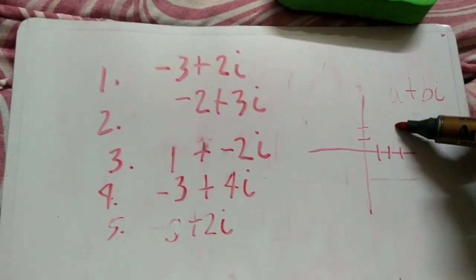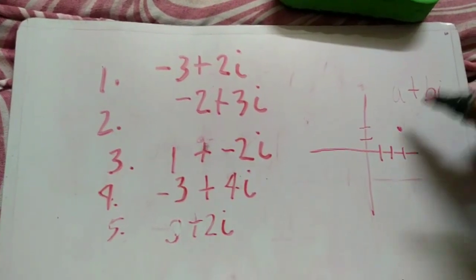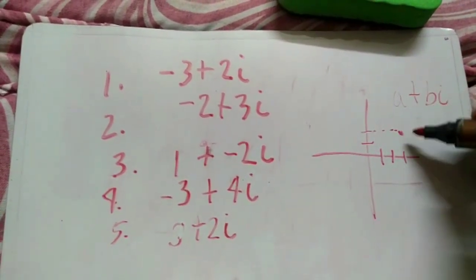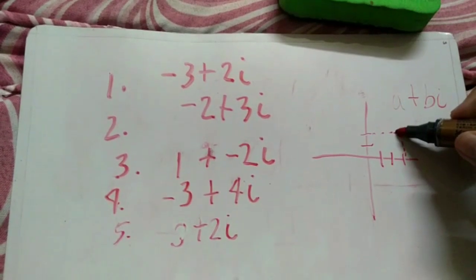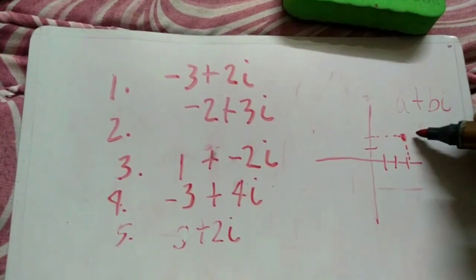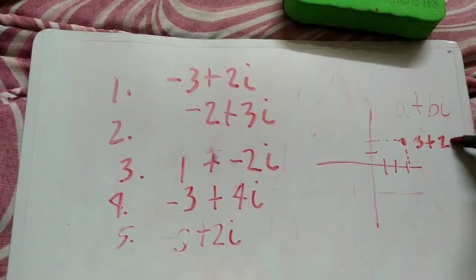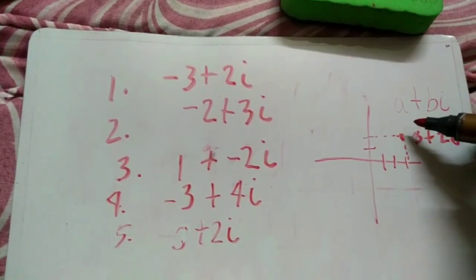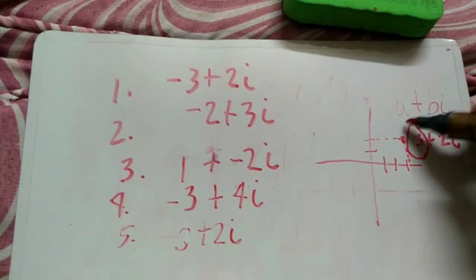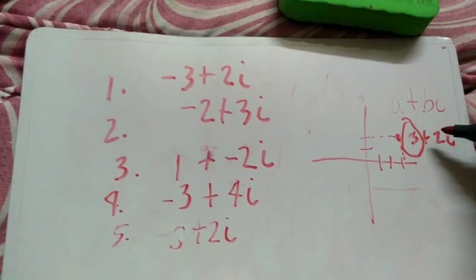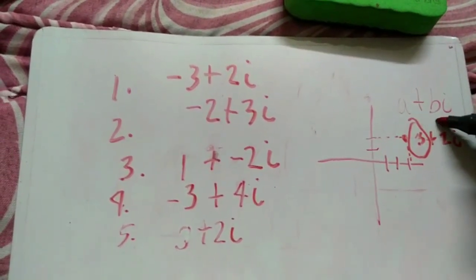And then your point is here. It's here. So this is 3 plus 2i. Your real part is 3. And then your imaginary part is 2.